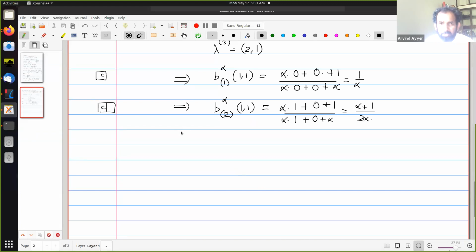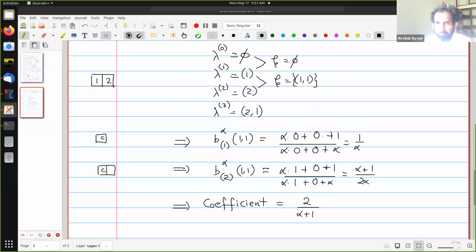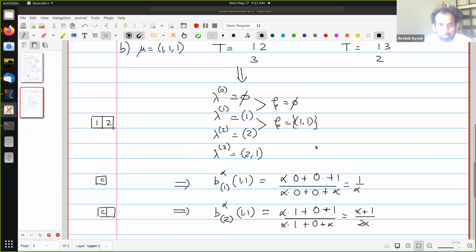And so my coefficient for this tableau is the ratio of these two, this divided by this. So that is 2 by 1 plus alpha, or alpha plus 1.